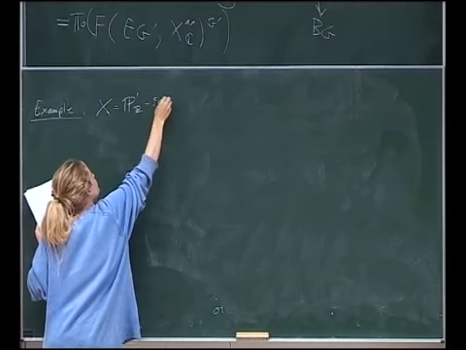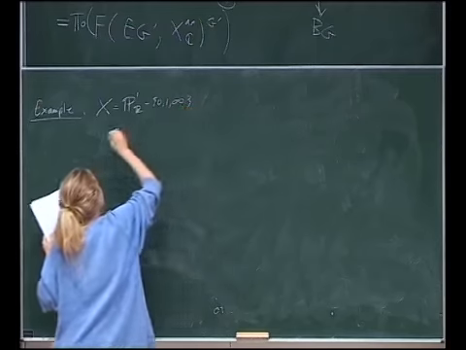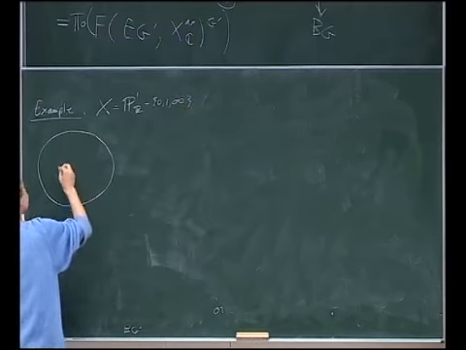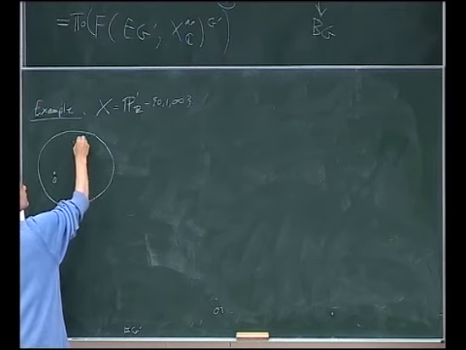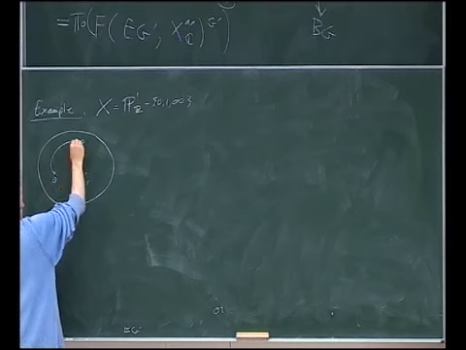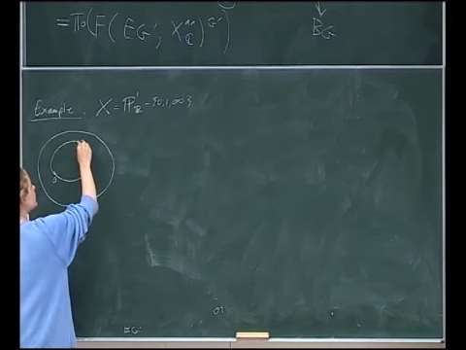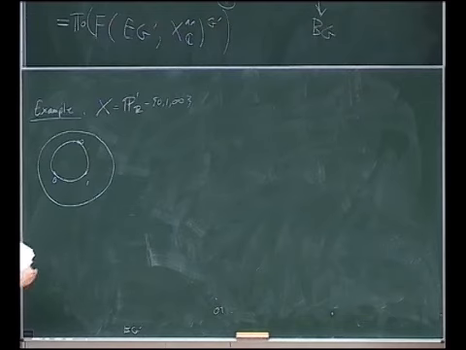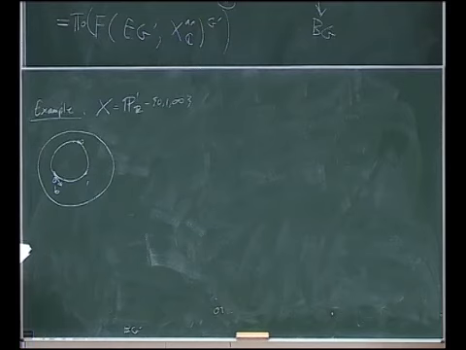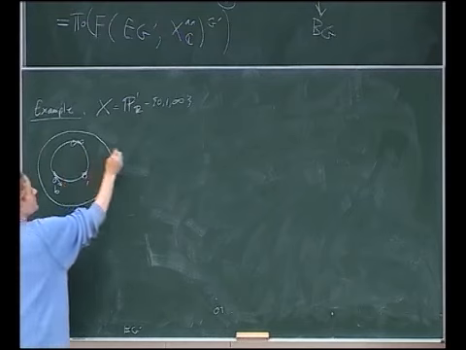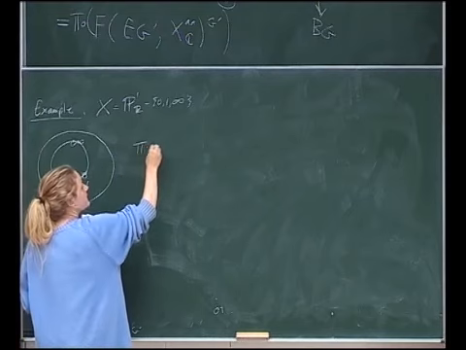So, example, X equals P1 over R minus 0, 1, infinity. And we have 0, 1, infinity, and here's the P1 R inside there, the fixed points.